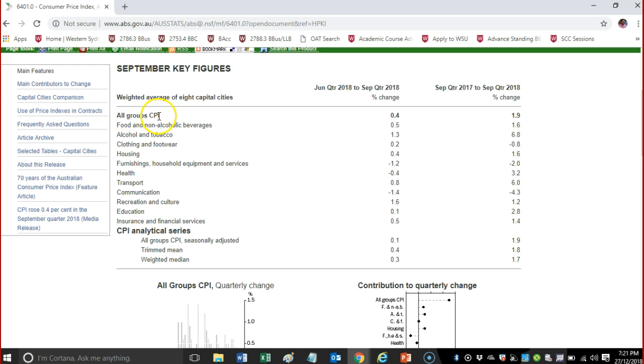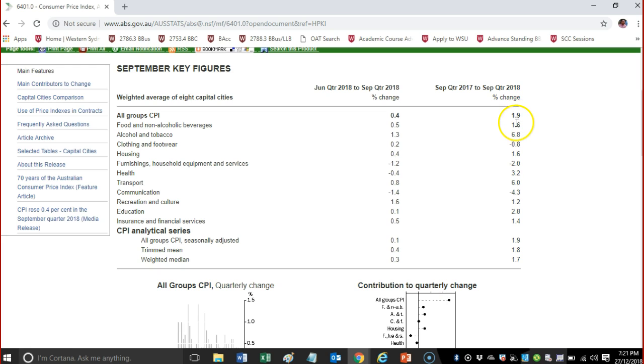So for all groups, that's what we're interested in. It says for the period from June 2018 to September 2018 that the prices overall for these goods increased by 0.4%. But we're not interested in that. We're interested in how much has it changed over the course of the year. So if we look at this one, September 2017 to September 2018, that's a year. That's what we're looking for. And it's increased by 1.9%, as it said on the front page.